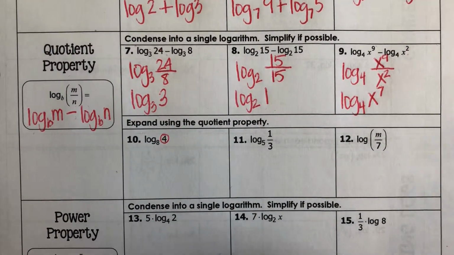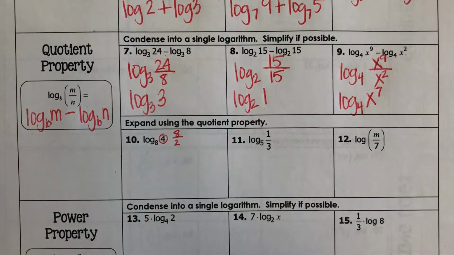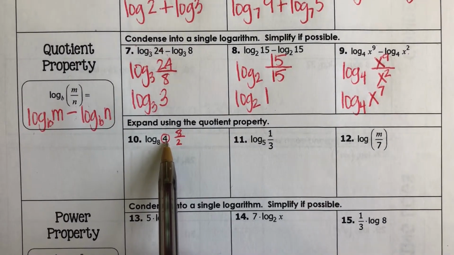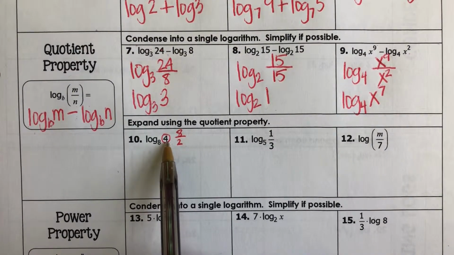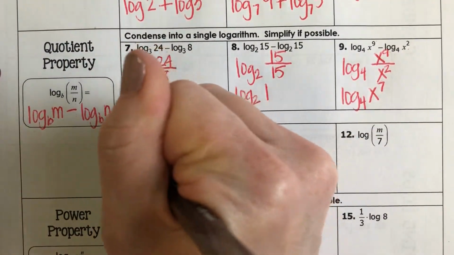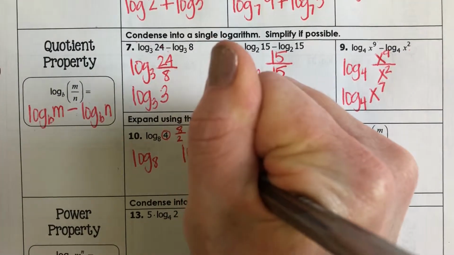Well, the first pair of numbers that pops into my head is 8 divided by 2. 8 divided by 2 is equivalent to 4, so I would not be changing the value, I'm just changing the way it looks. So I have log base 8 and log base 8.